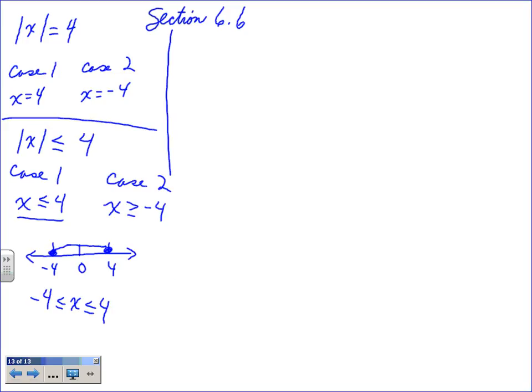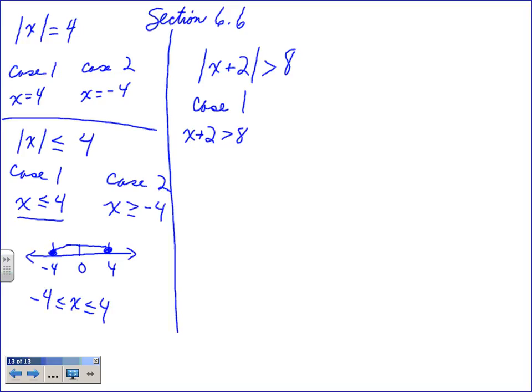I'm just going to give you a few problems to work on for today, but let's say the absolute value of x plus 2 is greater than, let's say, greater than 8. Okay? Case 1, what's inside is greater than 8.